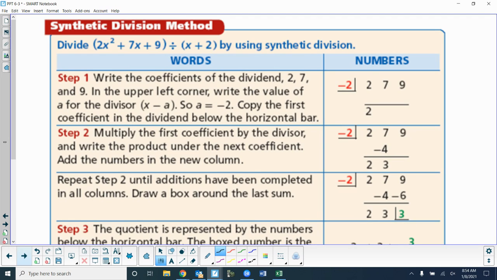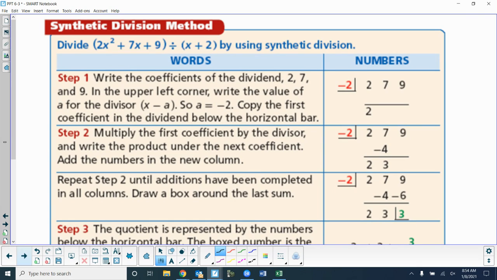So that's why this red number's here. That's -2, because that was x plus 2. If this was x minus 2, this red number would have been a positive 2. So basically it's the opposite. Okay, so I call that the little corner box there.